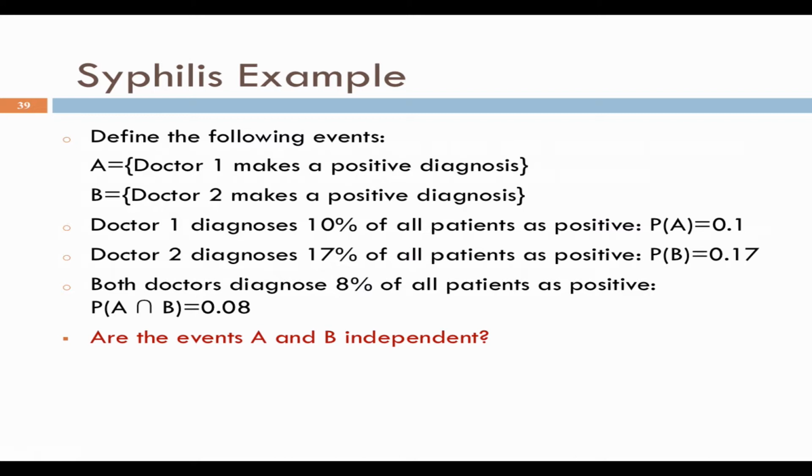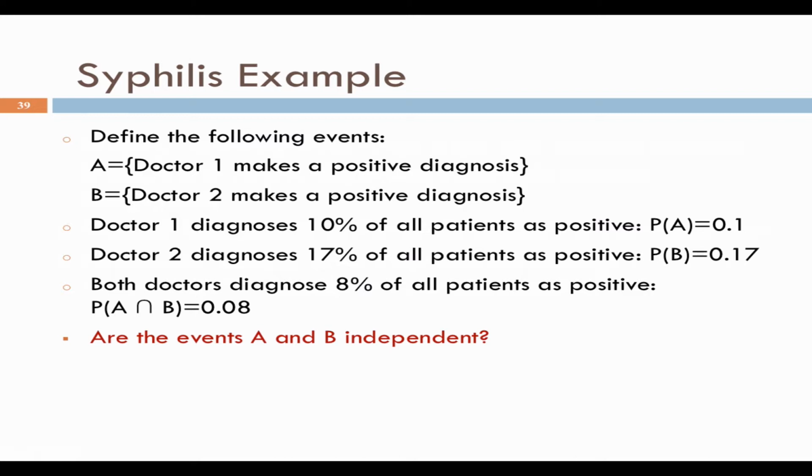So given those three numbers, the probability of A is 10%, the probability of B is 17%, and the probability of A intersect B is 8%, can you assess whether the two doctors are making this diagnosis totally independently or not? Essentially, it means whether A and B are independent events or not.